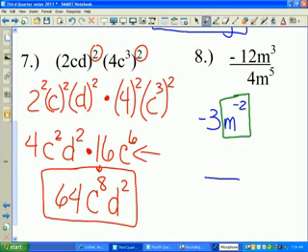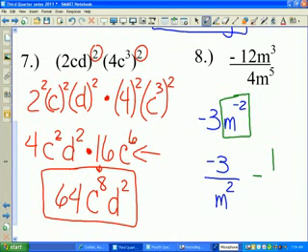Right now, only this m is being raised to the negative square. So that's the only thing that really should drop down in the denominator. So now it's not going to be a negative square, it's just going to be m squared. And then the negative 3 is going to stay in the numerator.